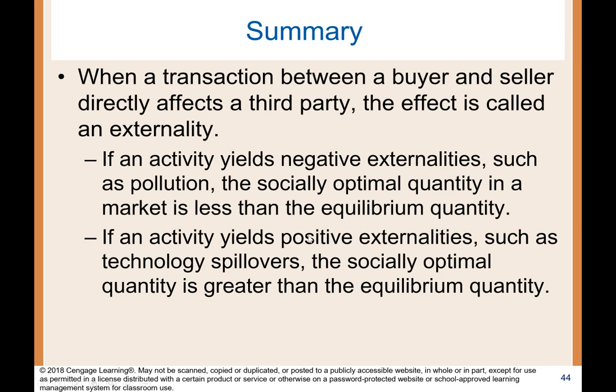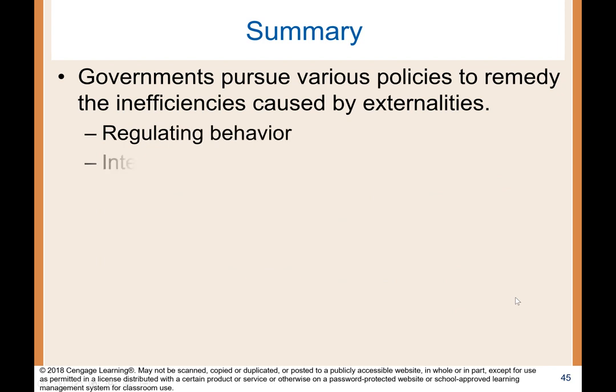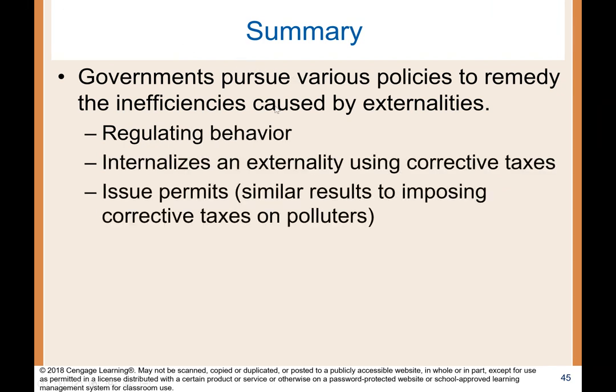If an activity yields some positive externalities, such as technology spillovers, the socially optimal quantity is greater than the equilibrium quantity. Governments pursue various policies to remedy the inefficiencies caused by externalities: regulating behavior, internalizing an externality using corrective taxes, or issuing permits, with similar results to imposing corrective taxes on polluters.